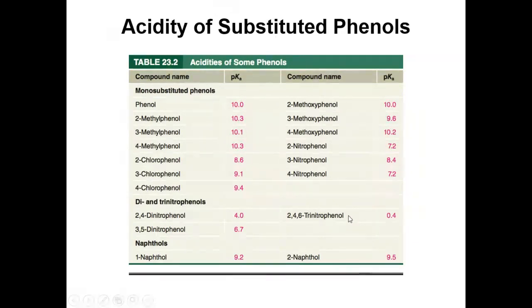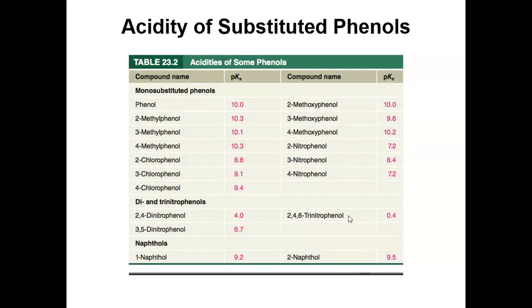This is understandable because we know electron withdrawing groups pull electrons towards themselves, so obviously they make the negative charge better delocalized, and that makes the phenoxide more stable. That's not a surprise.